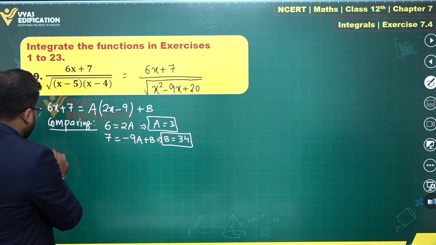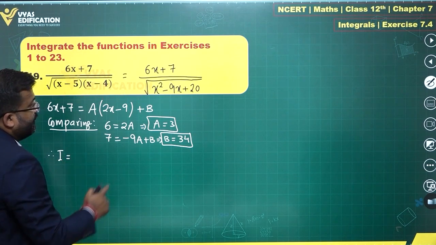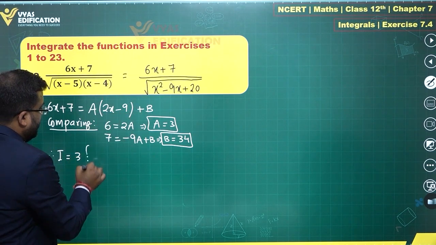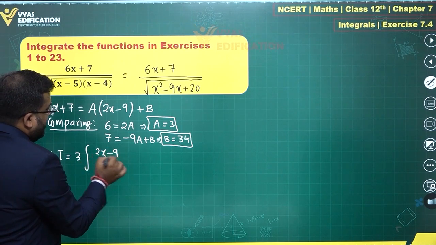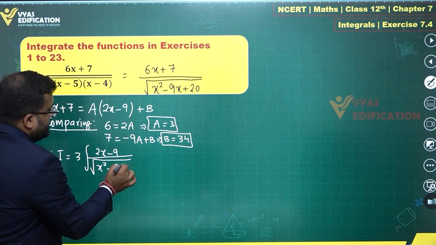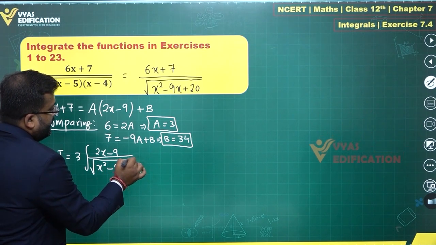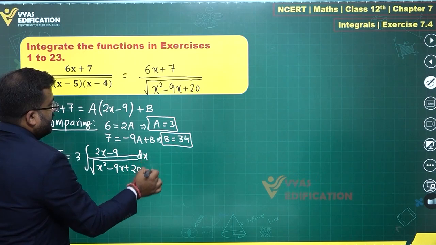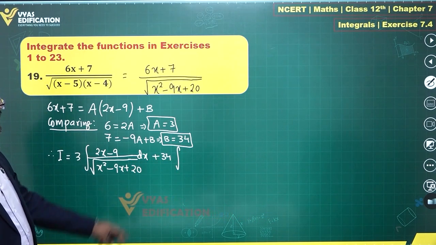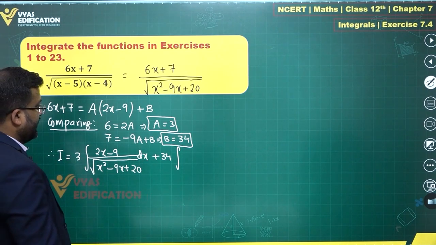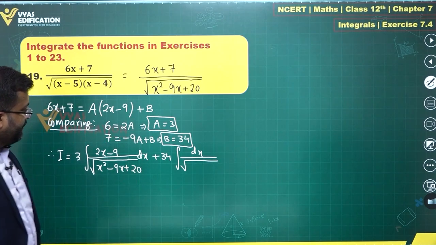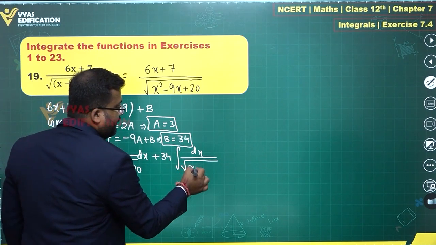So therefore I is equal to a times 2x minus 9 upon this, which is 3 times integral of 2x minus 9 upon under root of x square minus 9x plus 20 dx, and plus b, which is 34 times integral of dx upon under root of that whole expression, which is x square minus 9x plus 20.